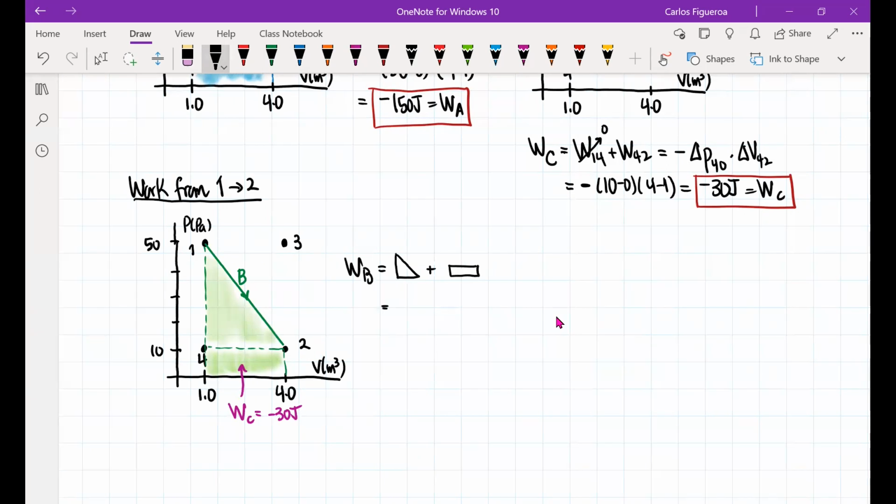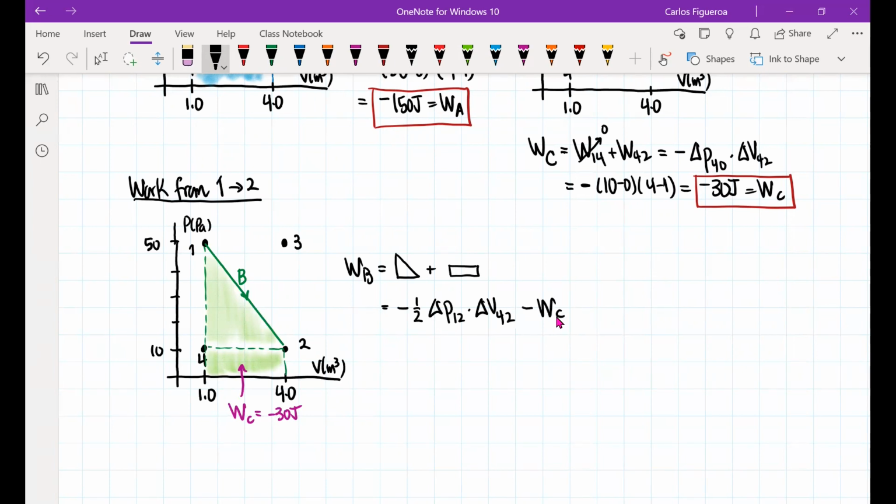So if I look at that triangle, it should be minus 1/2 the rectangle, which would then be the pressure difference between 1 and 2 times the volume change from 4 to 2. Plus, remember, there's really a negative, the work of C.